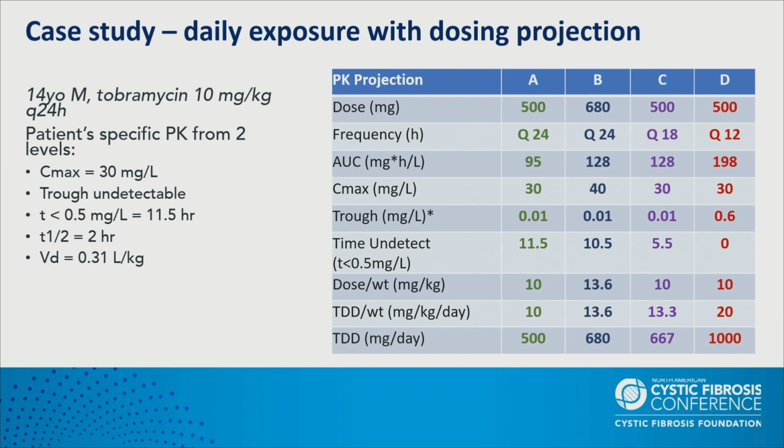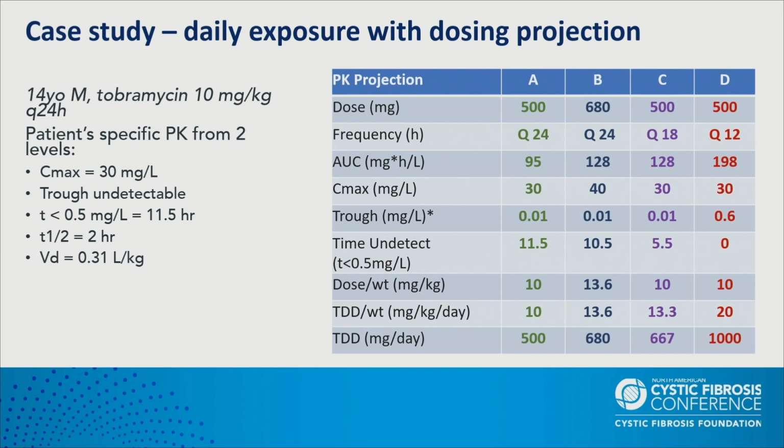For column C, when you keep the same dose of 10 milligrams per kilo and shorten the frequency to every 18 hours, you're giving a patient a dose 6 hours sooner, and you see a peak that is essentially unchanged because the dose doesn't change, but since you redose the patient sooner, the overall daily AUC will increase, and the extrapolated trough remains undetectable, but the drug-free interval is shortened by 6 hours.